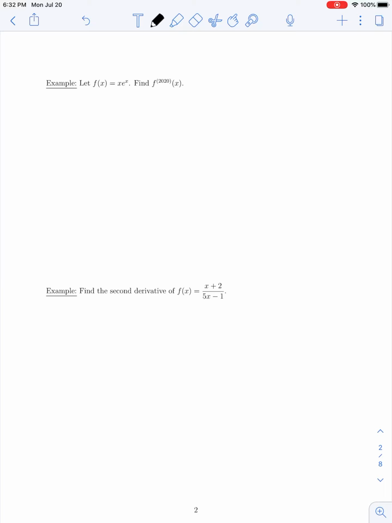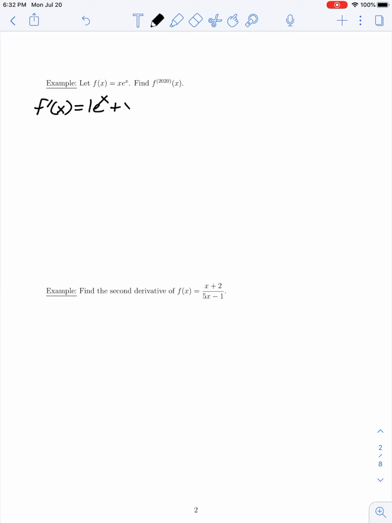Now in this example, our function f of x is a product, x times e to the x, so we'll have to make use of the product rule. So to get our first derivative using the product rule, we first take the derivative of x, which is 1, times the second function, which was e to the x.